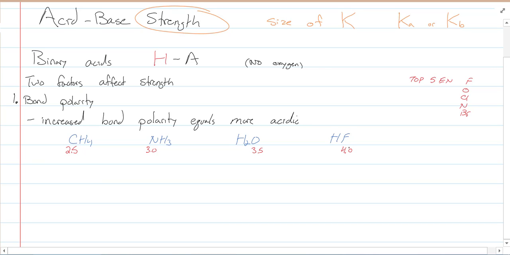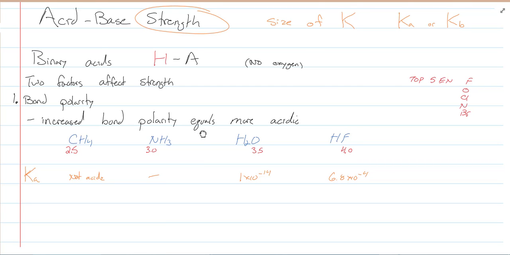And when we look at Ka, we have not acidic, still not acidic, 1 times 10 to the negative 14, and 6.8 times 10 to the negative 4. So as the bond polarity increases, the electrons are not being shared as much, so H is more likely to leave. That kind of makes sense.